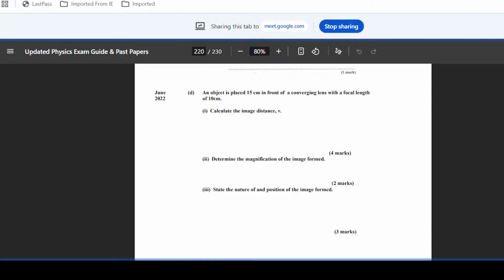For these, we typically use the significant figures in the question. If you look in the question itself at the values of the quantities stated, it's to two significant figures.